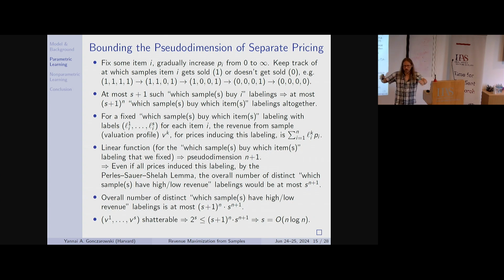Linear functions, we know how to bound the pseudo-dimension. We have many of these, so we have to count how many. Be careful with these jumps. The S plus 1 argument here is crucial. And so we have another factor. Luckily, it's not horrible. This additional factor of S plus 1 to the n, if you squint at it, is actually very similar to the S to the n plus 1. So it doesn't kill us.